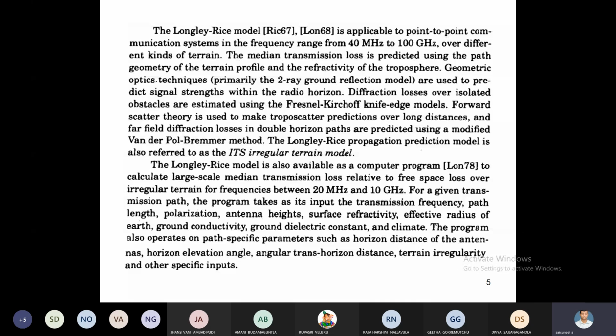Once we know all these inputs, just type them into the program and you get the output as a curve.